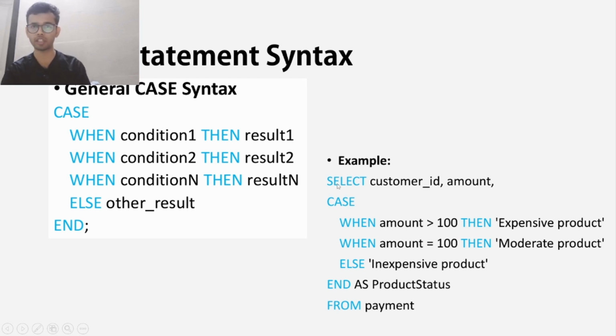And this is an example: select ID, customer ID, amount, CASE WHEN amount is greater than some value THEN one label, ELSE inexpensive. We can keep n number of conditions if we are using a CASE statement, whereas with IF we can keep only one condition. This is the benefit of using CASE when we want to fetch data on different conditions.